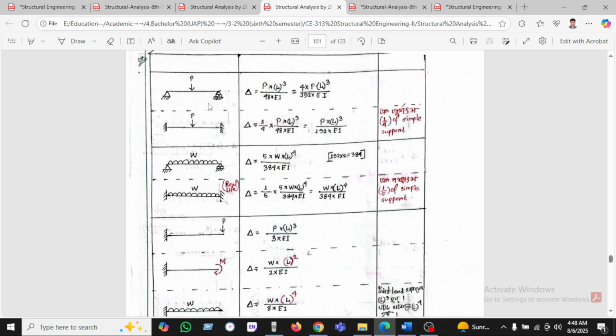Very easily, when the load is P and the support is simple, it will be PL cubed by 48EI, or 4 into PL cubed by 192EI.